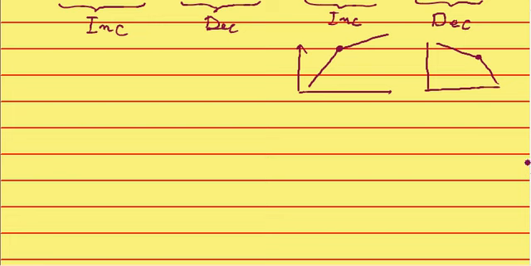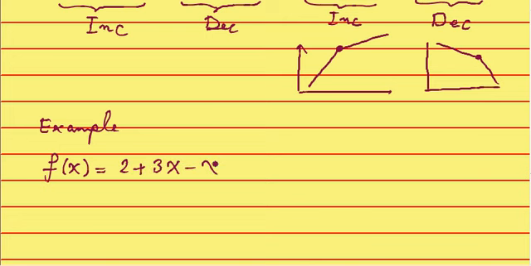Suppose I pick a problem here. Suppose f of x is given to be equal to, say, 2 plus 3x minus x cubed. Rather simple function, it is a cubic function.